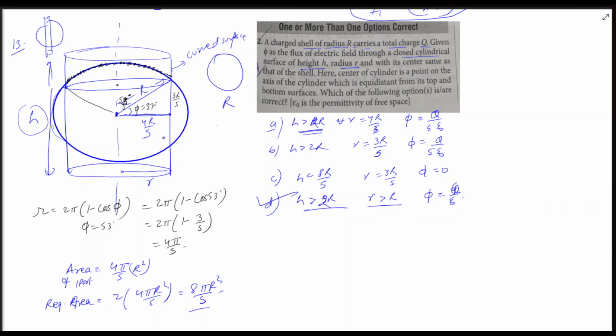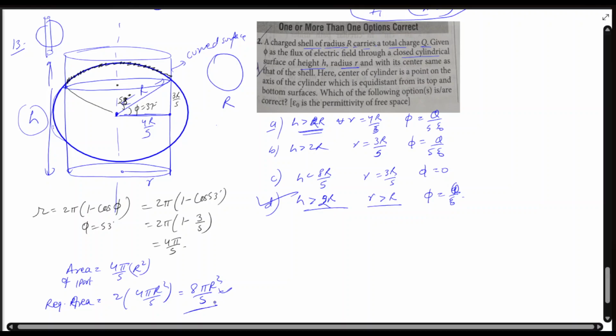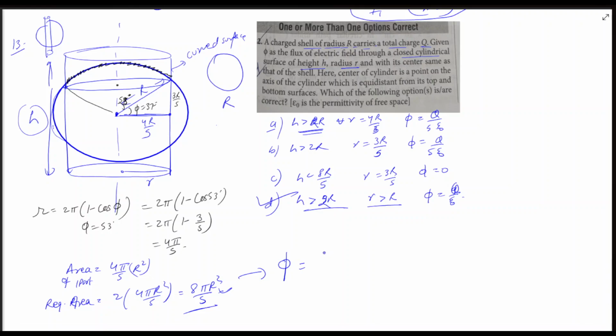So leave these complications aside. We can just calculate the surface which is inside the cylinder. Now we can find the flux here. It will be Q enclosed upon epsilon naught.